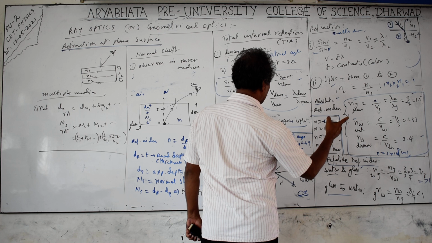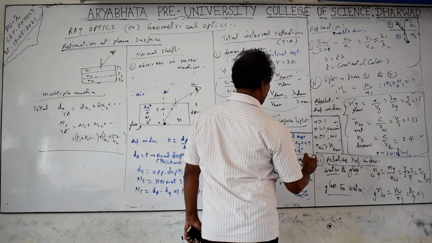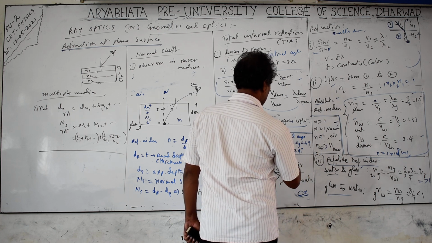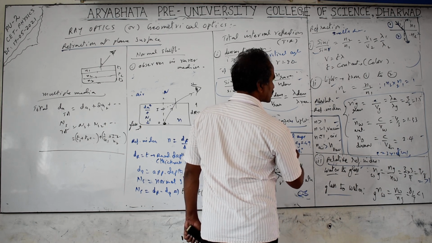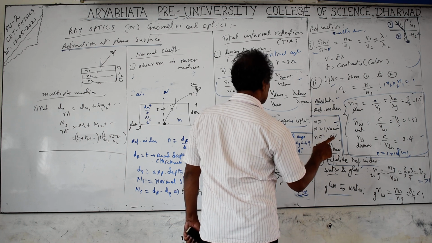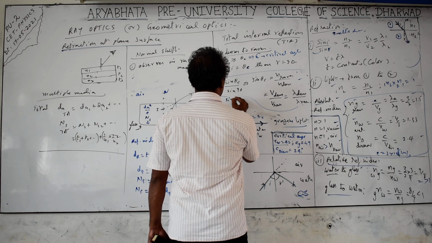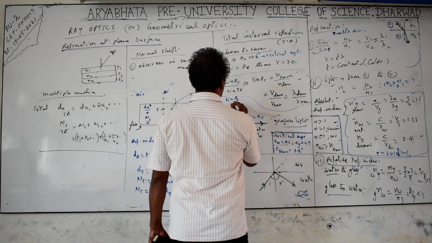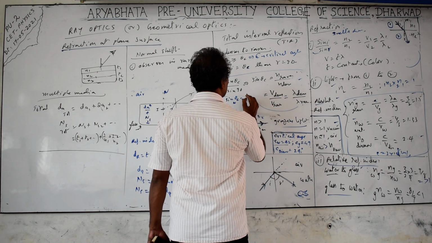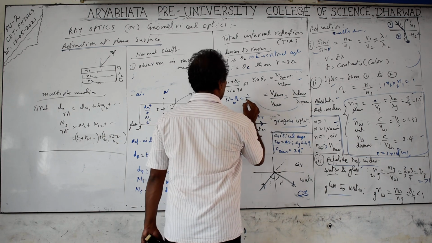That is the maximum. 1 minute, I have to check this data. N glass, n water is less. So sin theta c of water, if you have taken n rarer means air by n water.